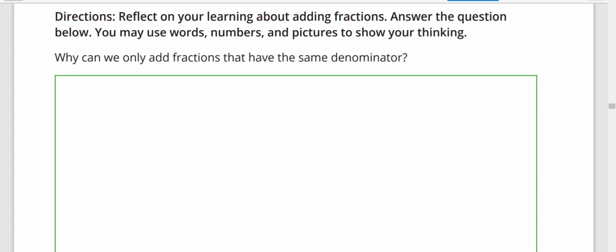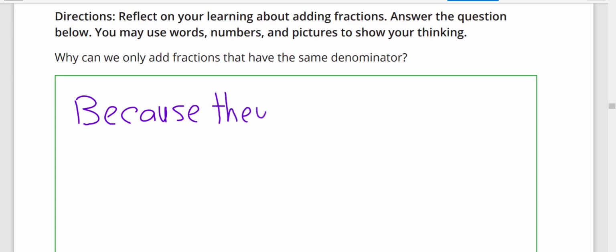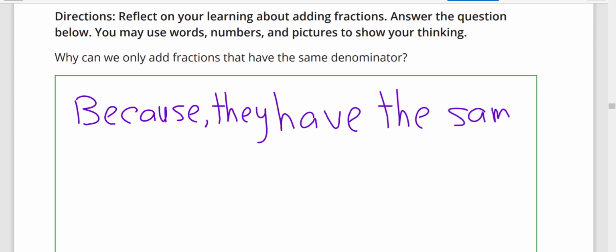Why can we only add fractions that have the same denominator? Because they have the same size.